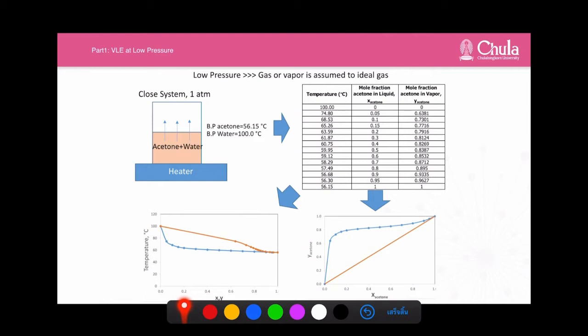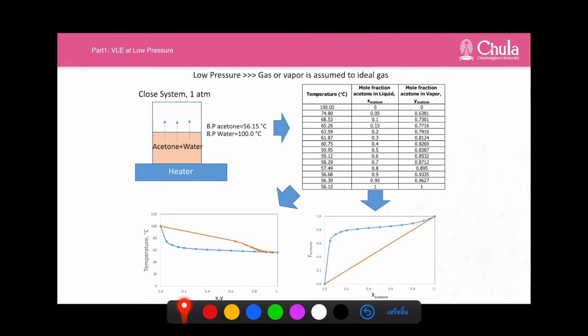We can tabulate the data. We can present these data as a table. You see that at the first line, the boiling point at 100 degrees Celsius, we know that it must be pure water.